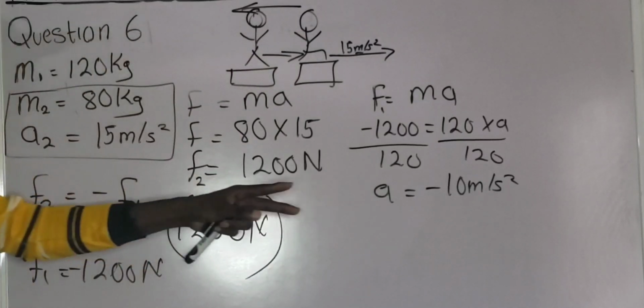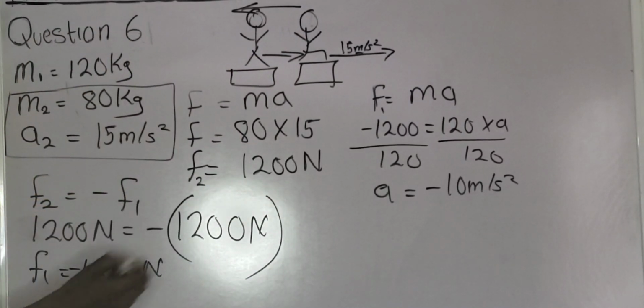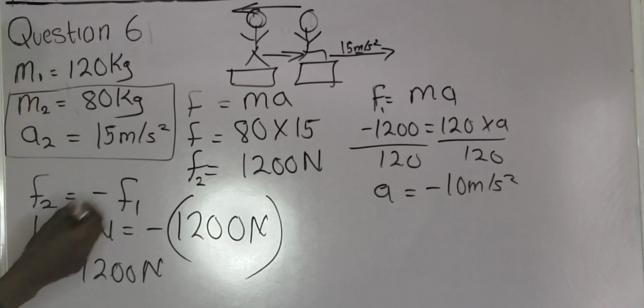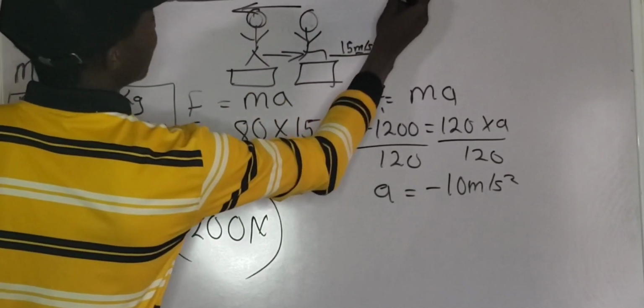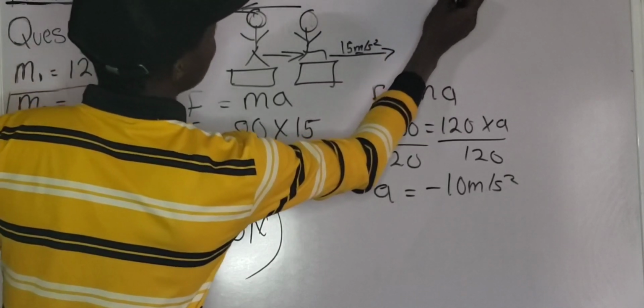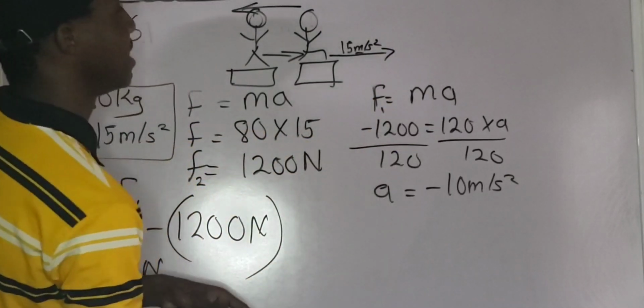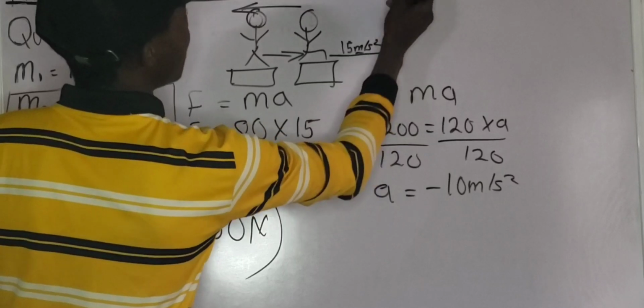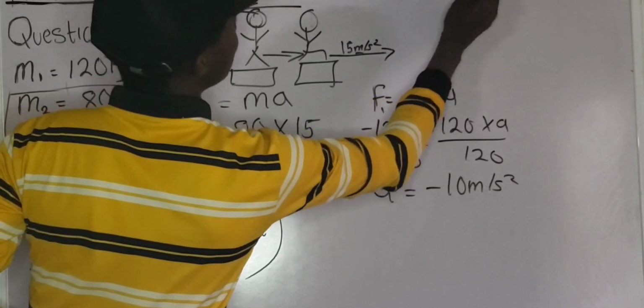Do you understand how I got this? Also, you can make use of this formula because we have been given the mass. Just M1 A1 is equal to M2 A2.